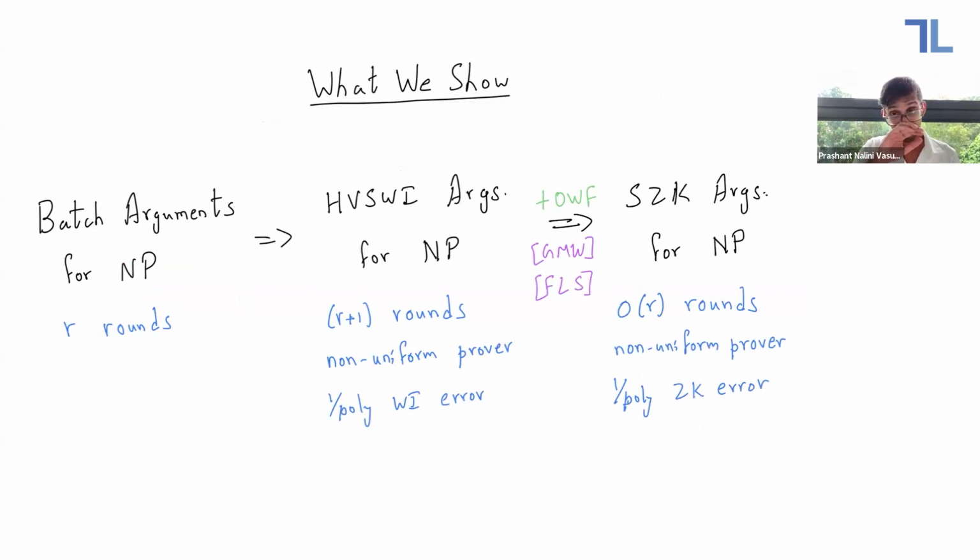But in this case, if you additionally assume one-way functions, for example, you can actually get SZK arguments. So you can remove the honest verifier requirement, and you can also upgrade the kind of security you get to SZK from SWI without paying too much in terms of the number of rounds even. You can just get a constant factor increase in the number of rounds, starting from the batch argument all the way to the SZK argument.